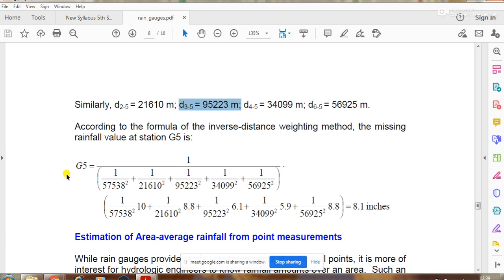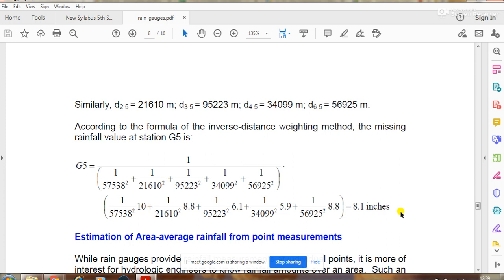In this way we will calculate the value of G5, which is not very difficult. If you see that formula, it is very easy. The inverse square of the distances multiplied by the rainfall data of the individual values. In this way, this value will be calculated as 8.1 inches.